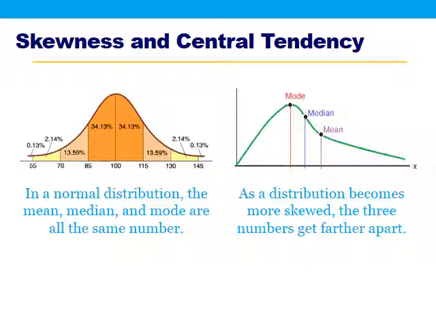So even in a positively skewed distribution, we see a peak over on the left. That's where the mode is going to be. But remember, the mean gets pulled upward by unusually high scores. So in a positively skewed distribution, the mean is going to get pulled to the right in the direction of those outliers, and then the median is going to be somewhere in the middle. So the more different those numbers are, that tends to be a hint that we might be looking at a skewed distribution.